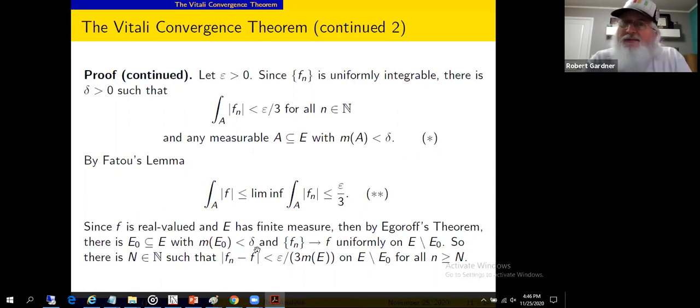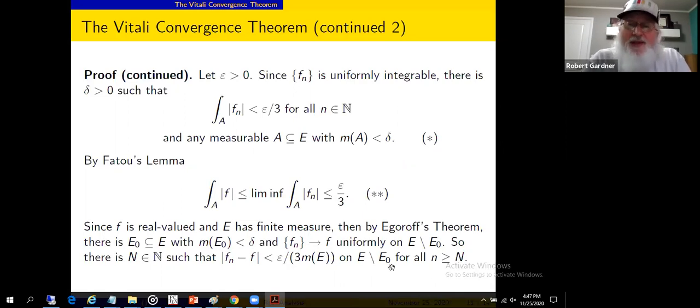Let's make it less than delta, such that we get uniform convergence if we throw away that little set. So we're getting uniform convergence nearly everywhere. We're throwing out this set of small measure, not a set of measure 0, this set E sub 0 of small measure. All right, so uniform convergence, that means, remember we needed to choose an index sufficiently large.